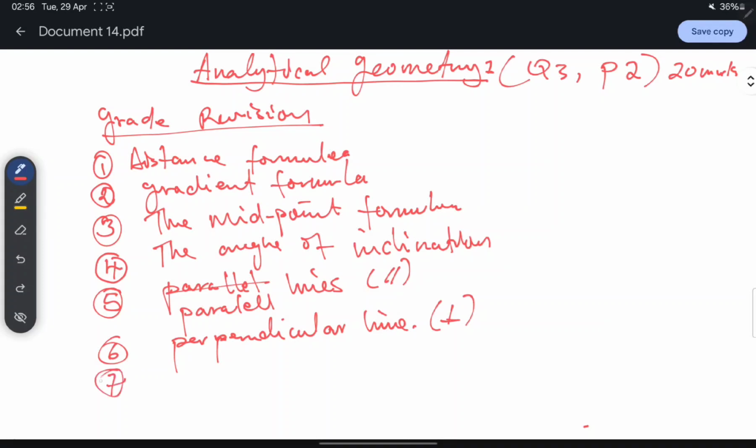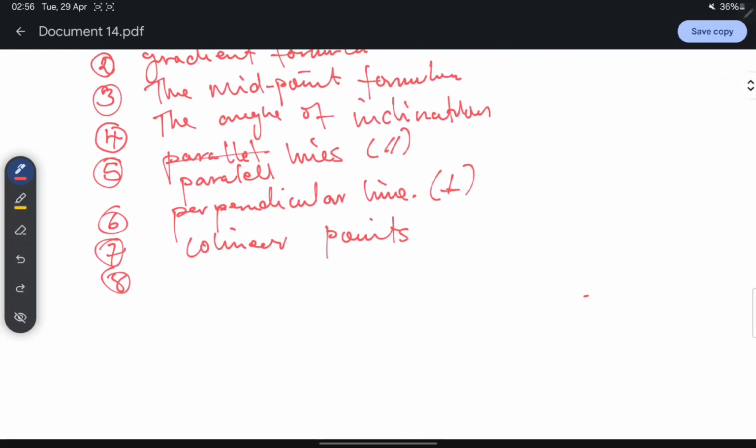Number 7, we're going to talk about collinear points. Number 8, we're going to talk about equidistant points.